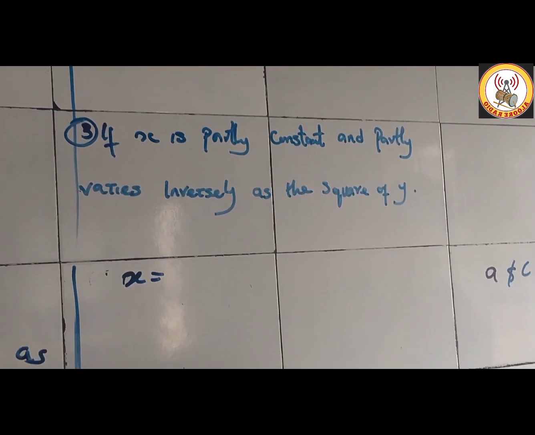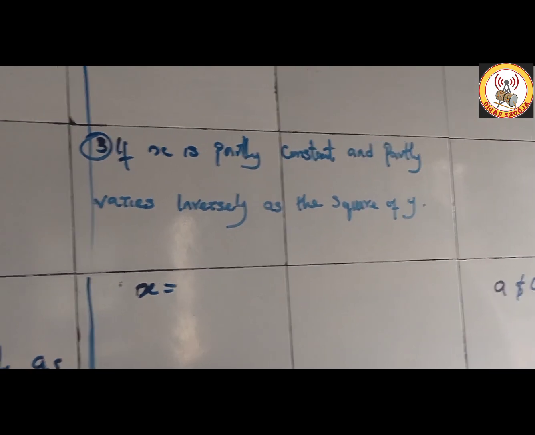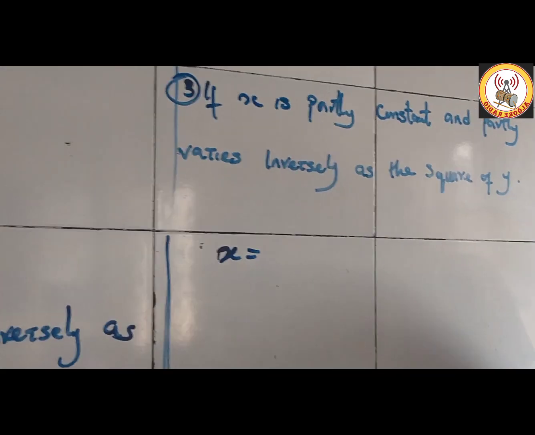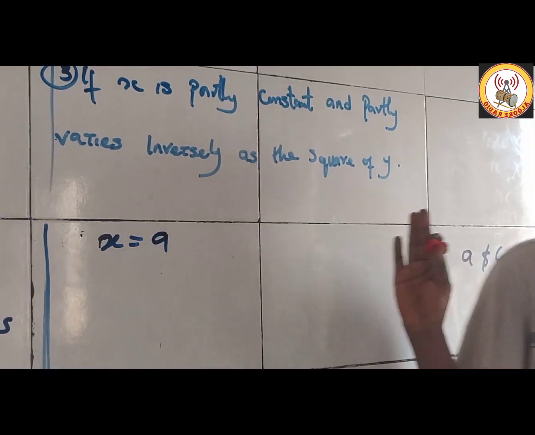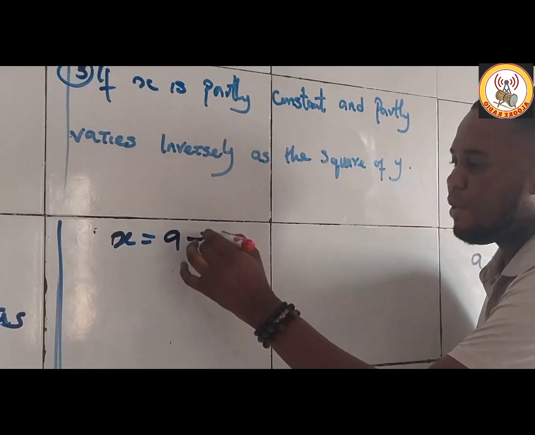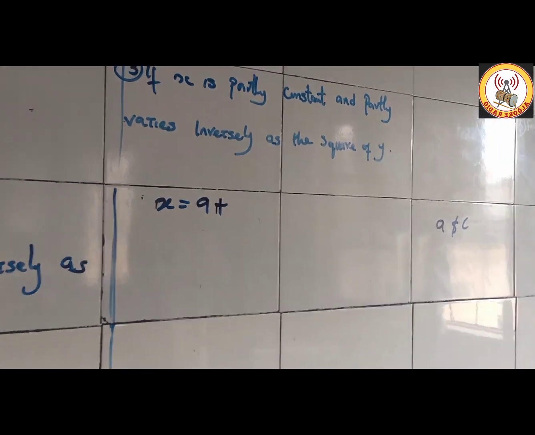That means our X does not have any relationship with any variable. So X equals our first, that is A, plus. There's no variable attached to our constant.